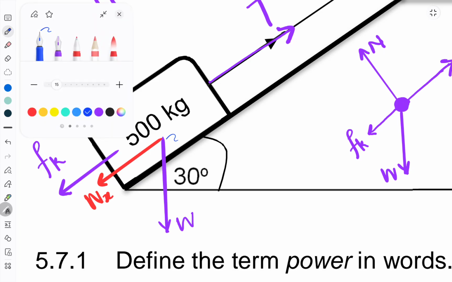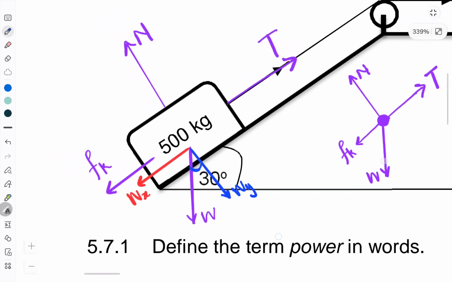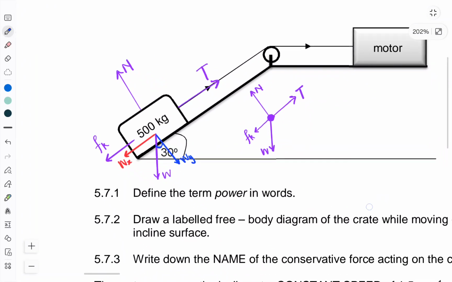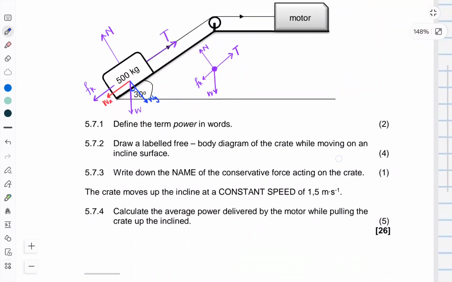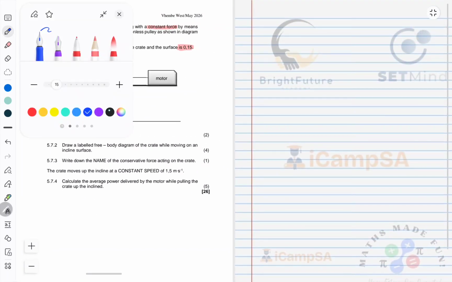And then for the perpendicular component, I use y, so I would say Wy. And obviously, the angle is always between the perpendicular component and the actual weight vector. So I put it there, right? It's not visible, but it should be here. That's our 30 degrees, okay? So yes, we are done resolving and annotating our diagram. Okay, so we can start answering the questions because we've interpreted the question and the situation.